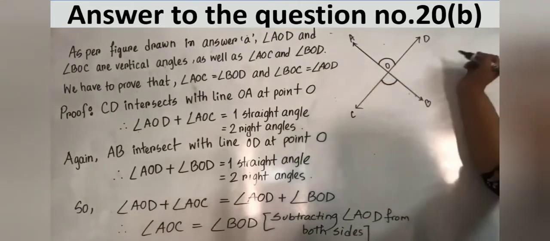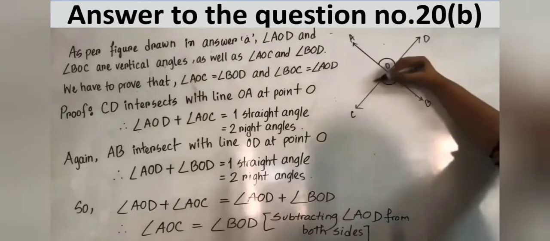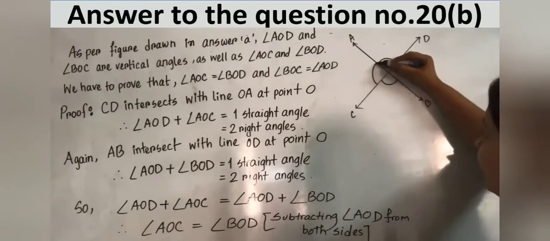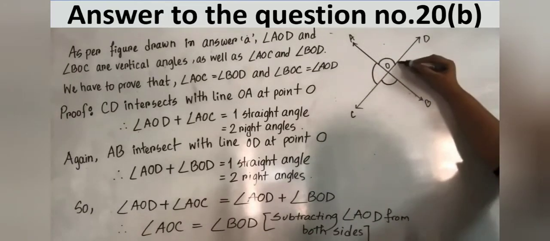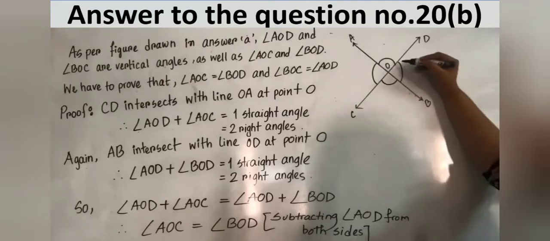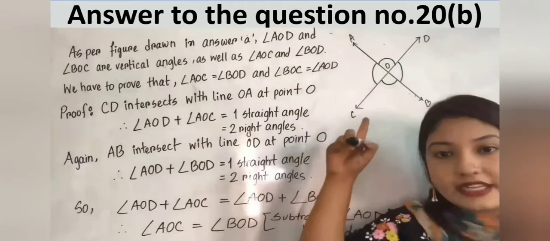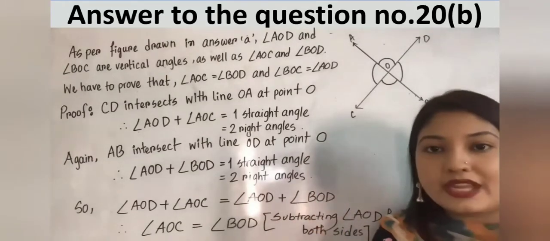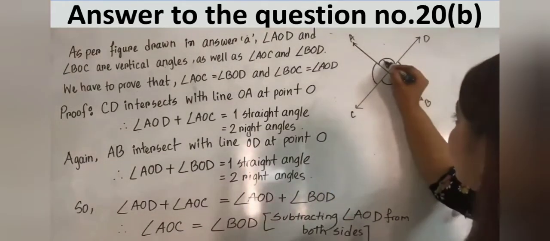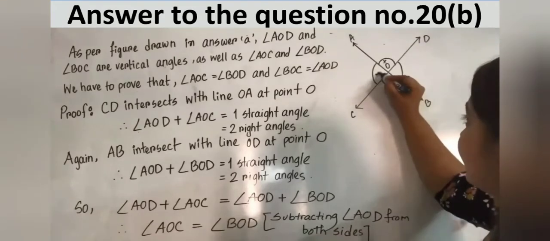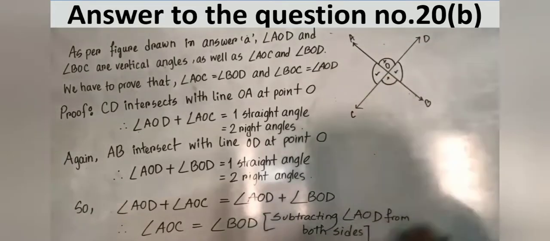As well, we can say angle AOC and angle BOD are also vertical angles. So we have to prove here that these vertically opposite angles will be equal. That is, this angle will be equal to this angle and this angle will be equal to this angle.